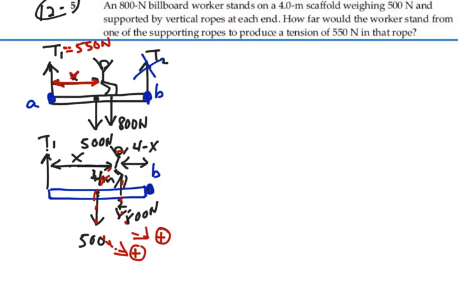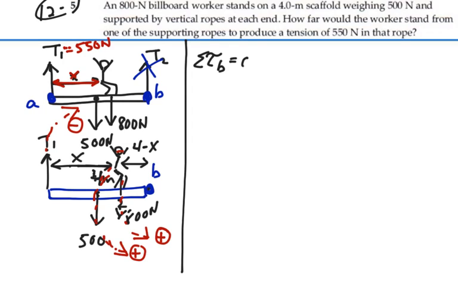And the T1 force is trying to make this thing rotate clockwise, which would be a negative torque. If you curl your fingers in that direction, your thumb will point into the page, which would be a negative z direction. So we have 2 positive torques, 1 negative torque. The summation of all the torques about B should equal 0 because the thing is not rotating at all.